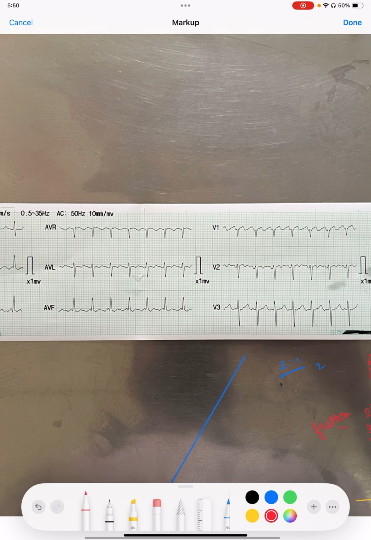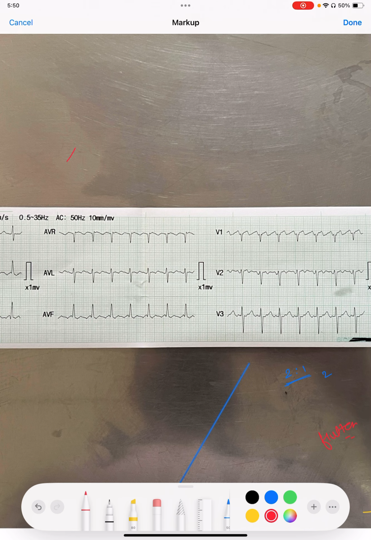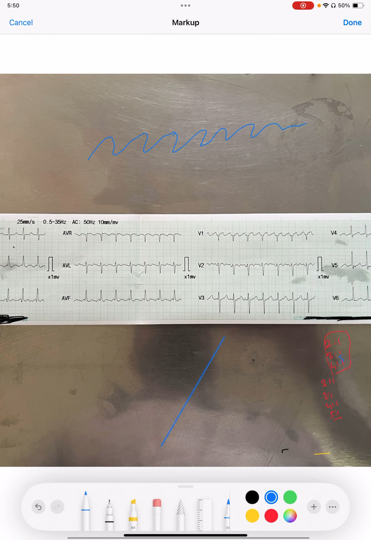In atrial flutter, we have a very characteristic feature which is called sawtooth. A sawtooth is an instrument which is used to cut wood. It is very peculiar in shape. It is like this, and it is used to cut wooden blocks.